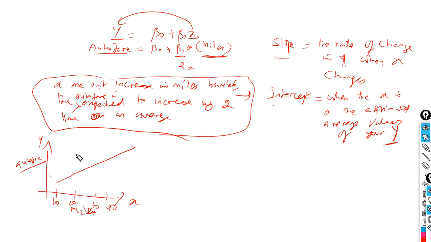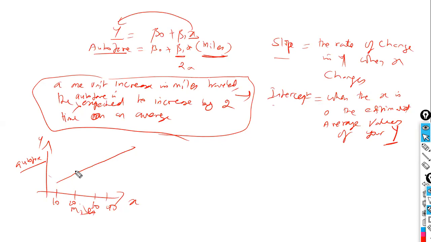So in this case, what kind of relationship exists between these two? These two are quantitative variables. Miles is a quantitative variable, and this one is also a quantitative, numeric variable. Finding the relationship between two quantitative variables is called correlation.